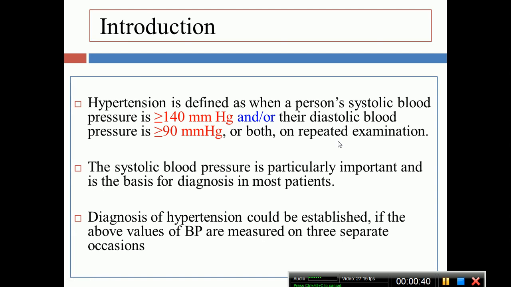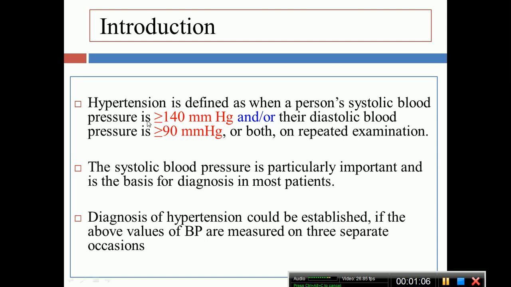So the definition says, you know that the blood pressure has both systolic and diastolic arms. It is not necessary for both of them to be raised.